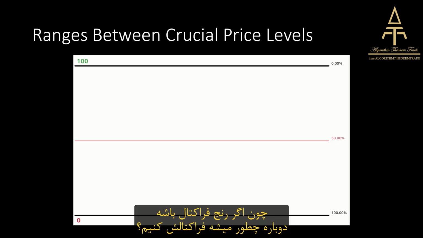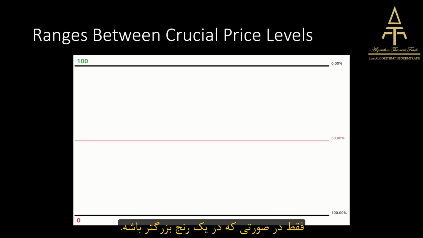Because if we understand that ranges are fractal, how could a range be fractal? The only way for a range to be fractal is if that range is being formed inside of a larger range. Okay, well, if we know that, then that larger range consists of multiple smaller ranges.